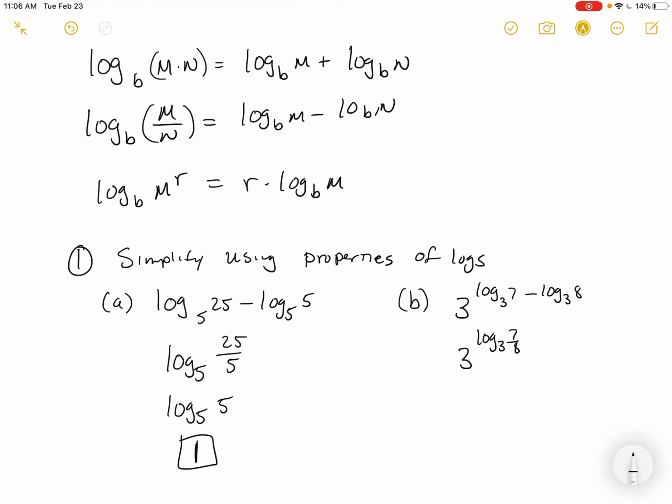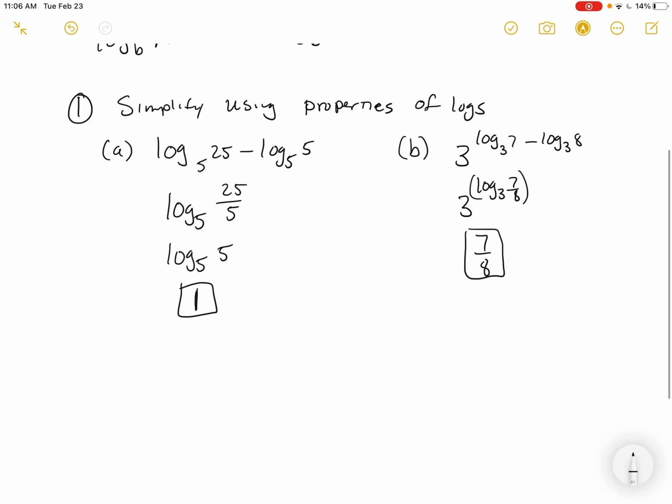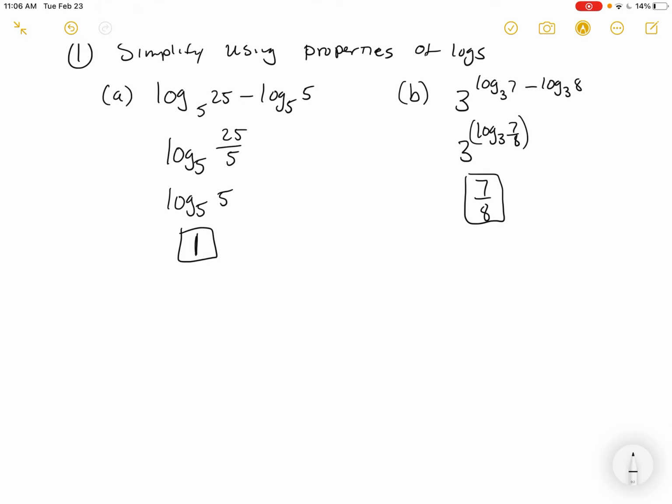So if you actually took that power and put it on a 3, you should get 7/8 out. And so it's one of those nice problems where you're just utilizing the inverse. So remember, log base 3 of 7/8 is the power to put on 3 to get 7/8. So if you actually put it on 3 like we have, we get the 7/8 out. And so they'll have nice problems like that that are reinforcements of those.